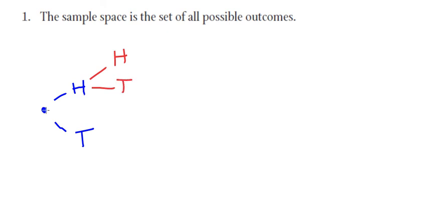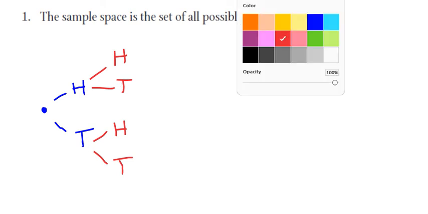It's also possible that the first toss was tails and the second is heads, or that the first was tails and the second is tails. So if you only flip 2 coins, there are 4 possible options: heads, heads; heads, tails; tails, heads; or tails, tails. But we are going to flip a third coin here.